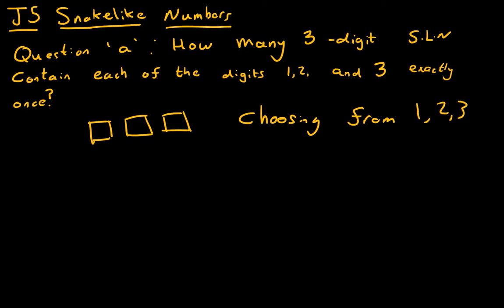The first thing we need to find out is how many permutations. This is important because we need to consider every permutation and ask, is it a snake-like number?